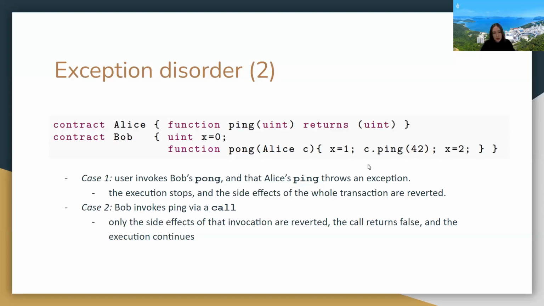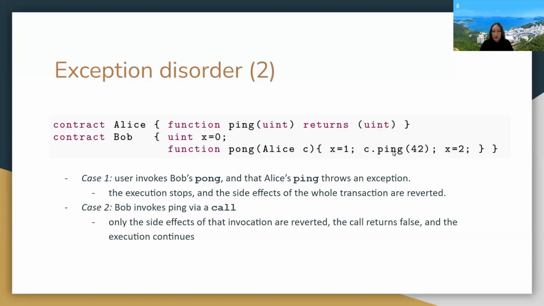In the first case, say the user invokes Bob's Pong function, and Alice's ping throws an exception. This is the way that we call the function here, using c.ping. When we call ping using the contract Alice and it throws an exception, the execution stops here, and the side effects of the whole transaction are reverted.